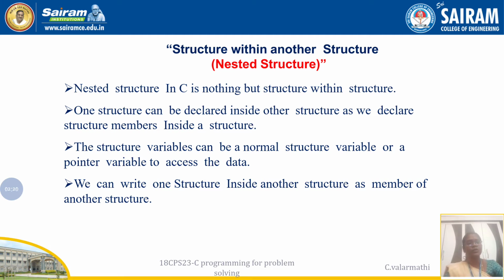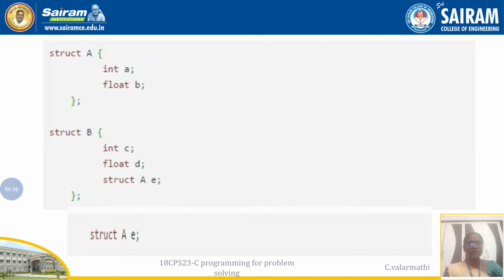Now we are going to see how we can nest one structure within another in a program. Here I have used struct A. In that I have declared two members, int A and float B, and then closed the structure declaration.